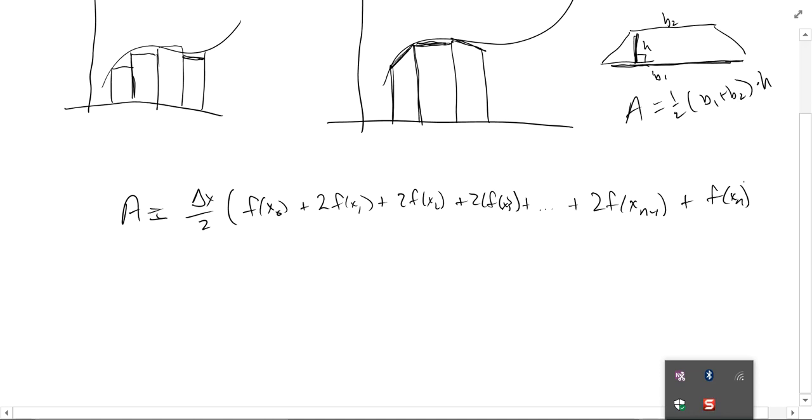So it's the first function value added in, the last function value added in, but then we double all the function values in between those two, and then multiply by delta x.